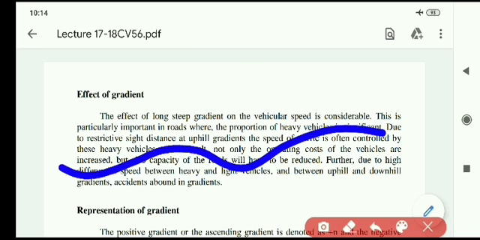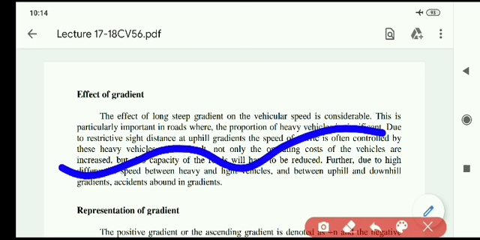So gradients are provided in such a way that, based upon the land profile, we fix the gradient so that we can restrict the speed limit, because each and every gradient has its own design speed. The design speed across a plain gradient or ruling gradient is always greater compared to that of the gradient provided across steep terrain or mountainous gradients.